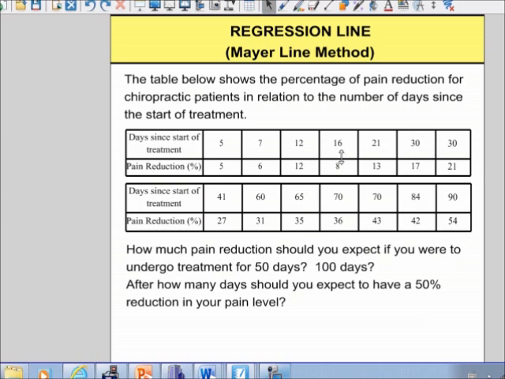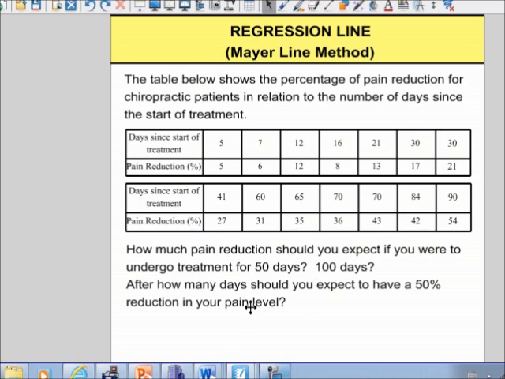Like here, this person with 16 days had more treatment than the person with 12, but they're reporting less improvement, or less pain reduction. Here we've got two people with the same amount of treatment but different amounts of pain reduction, and so on and so forth. So we can see it's not a perfect connection, and that's really when a regression line becomes handy. It lets us get a prediction when things aren't a perfect match.